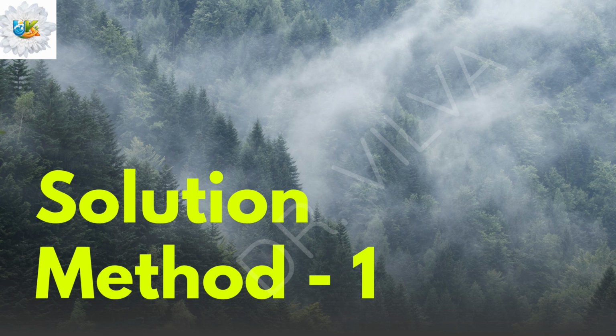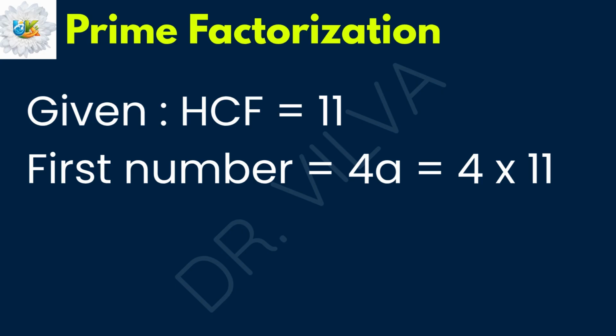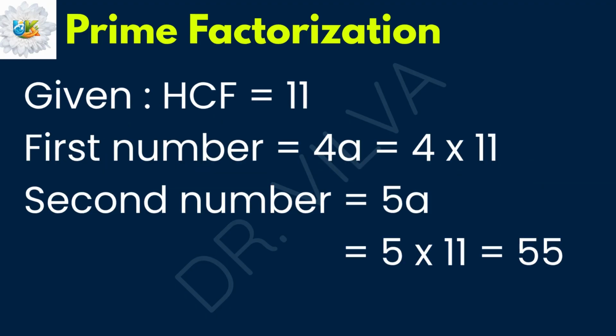We can solve this problem in two different methods. One is the direct one. A is 11. Therefore, our first number is 4a, which means 4 times 11 equal to 44. Similarly, second number is 5a, which is 55.